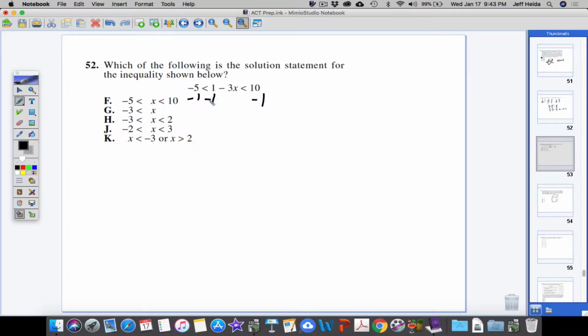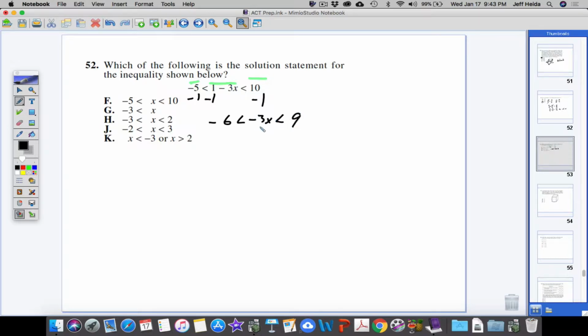Because you have two inequalities, you need to subtract 1 from each section. So you have section 1, section 2, and section 3. When you subtract, minus 5 minus 1 is minus 6 is less than negative 3x is less than 9.